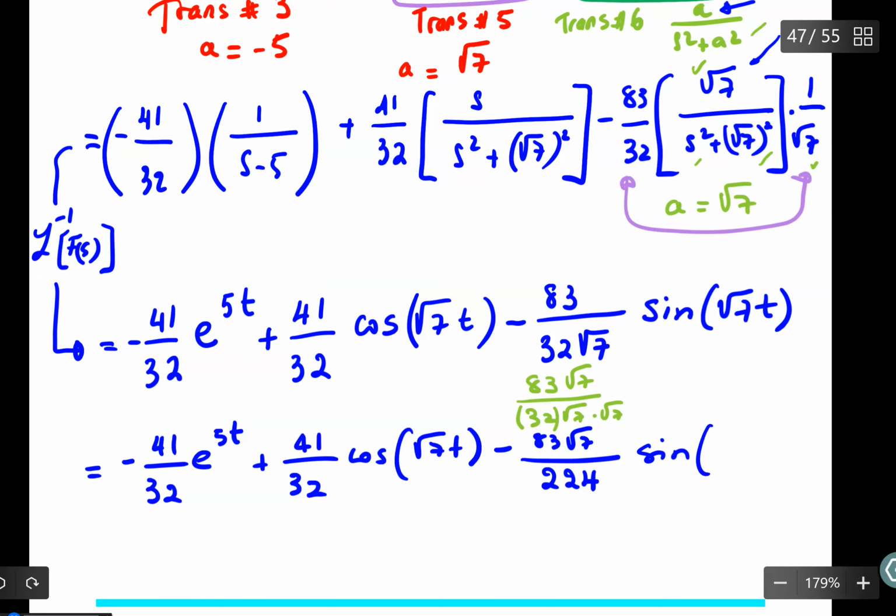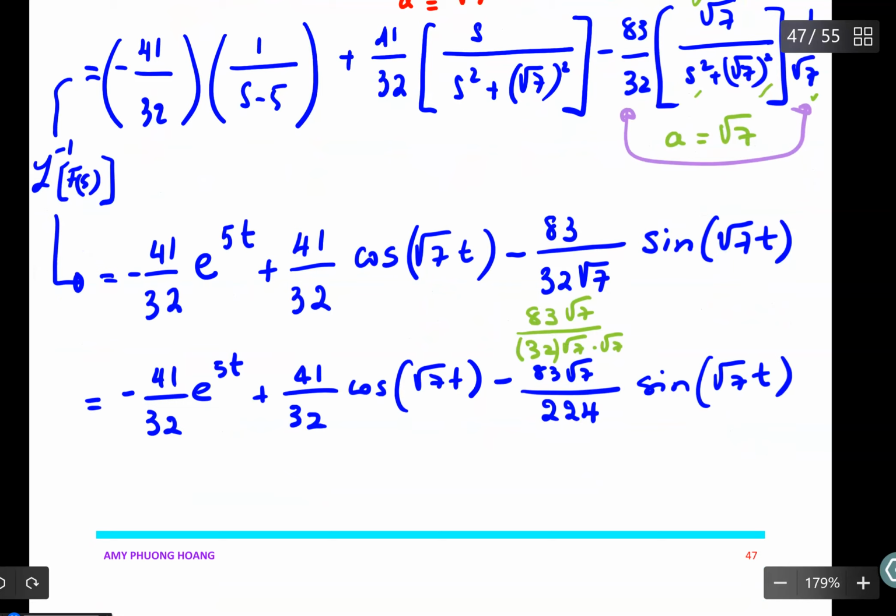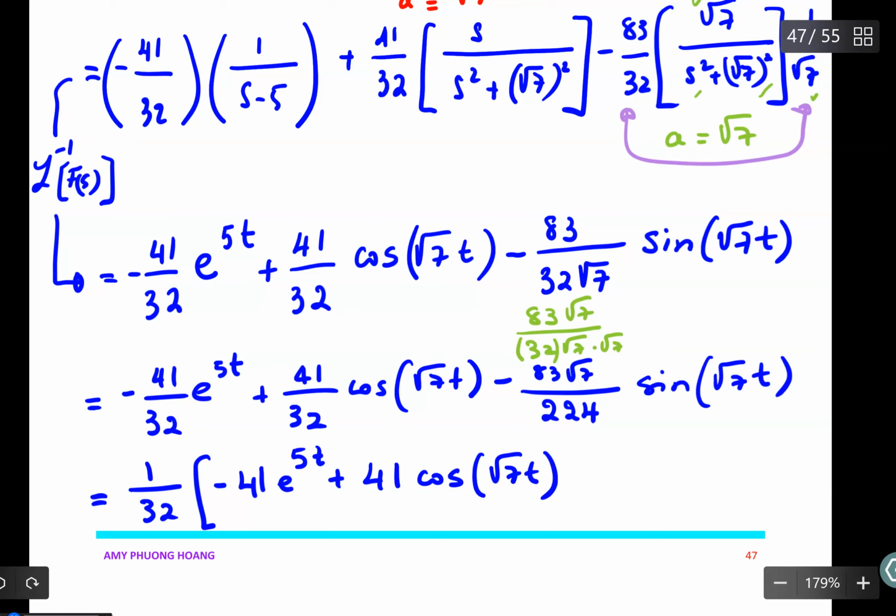So sine of root 7t. And at this point, if you factor out 1 over 32, inside the brackets you are left with negative 41 e to the exponent 5t plus 41 times cos of root 7t. And in here, because you take out the 32, you have 7 left. So 83 root 7 over 7 sine of root 7t as the argument.